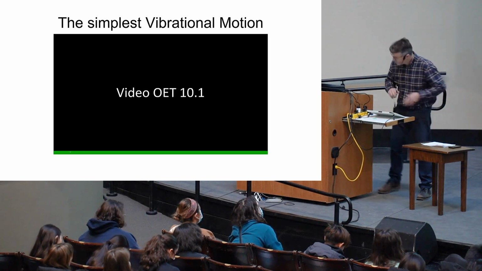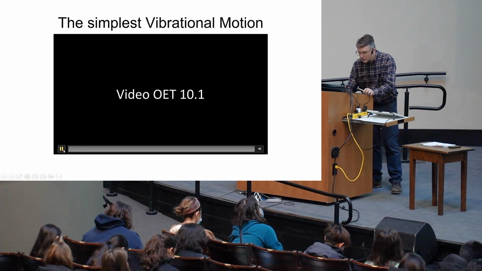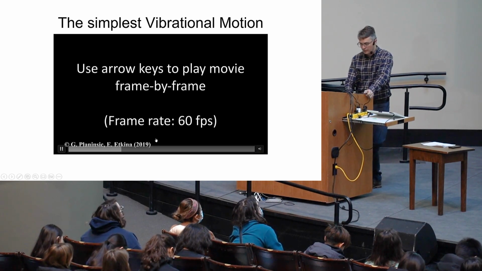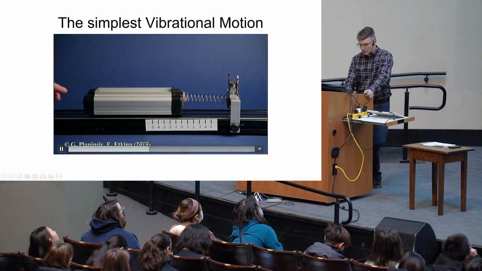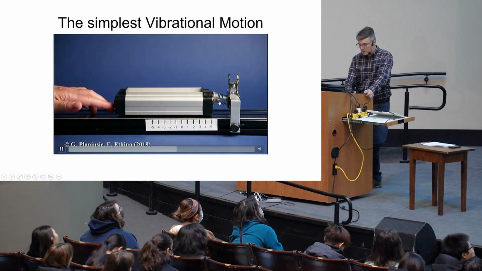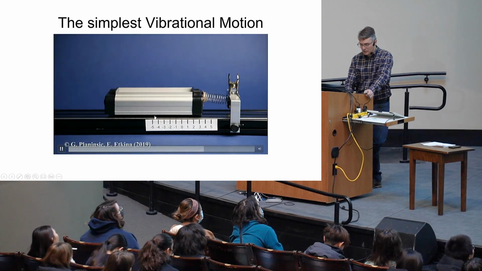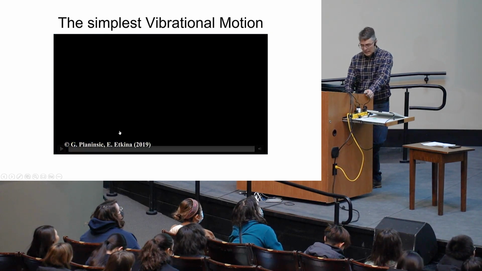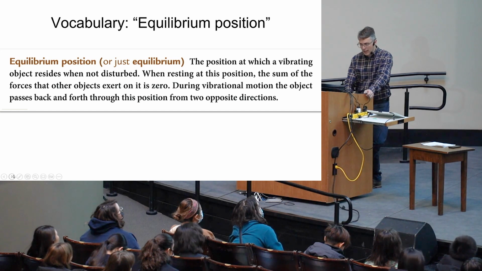And let's see if we can just fire up this. The canonical vibrational motion is a horizontal mass on a spring. So this is showing a spring that can be compressed and stretched, and the thing just oscillates back and forth. That's the idea that we'll most often look at.